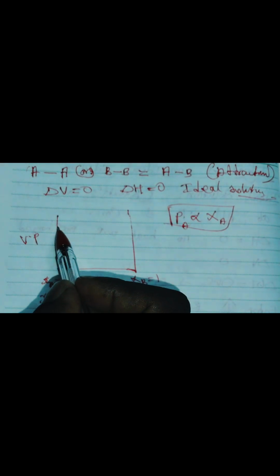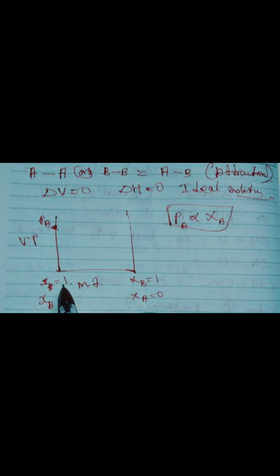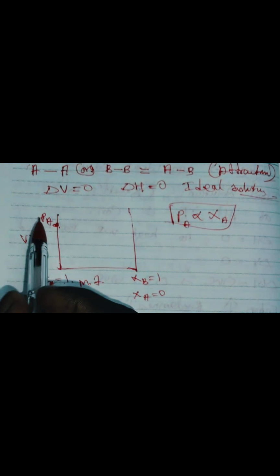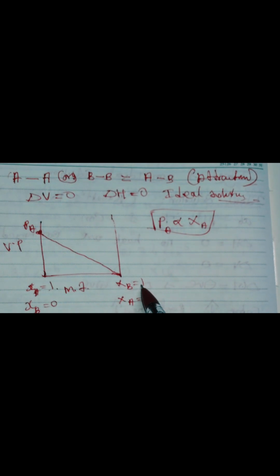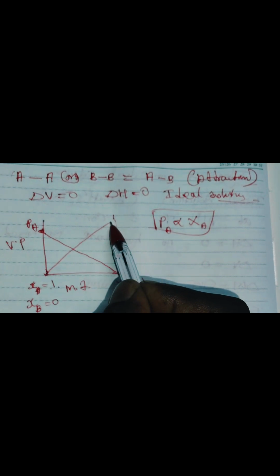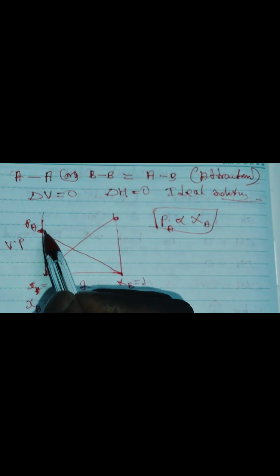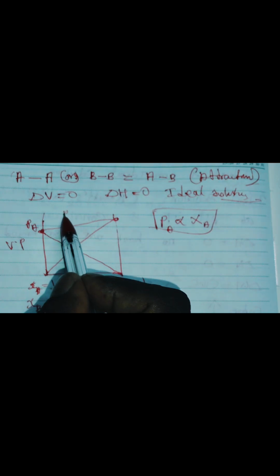So where the mole fraction of A is greater, the partial pressure of A is greater. The mole fraction of A decreases from left to right and finally reaches 0, so its partial pressure gradually decreases. Similarly, the mole fraction of B increases from left to right, so its partial pressure gradually increases.